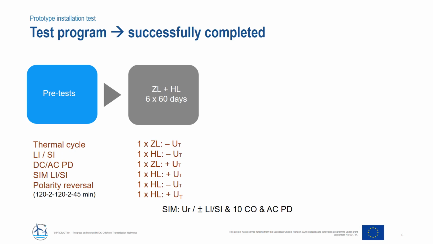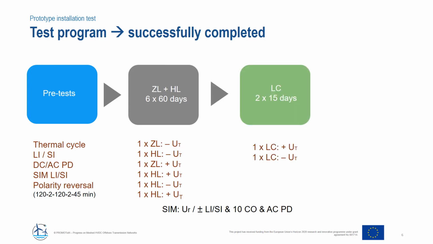For example, lightning impulse superimposed onto the DC, and close and open operations of switch disconnectors, and also partial discharge measurements have been involved. And then of course the whole cycle has been successfully completed, because at the moment of speaking this test has been finished, and the main test blocks are followed by a load cycle.